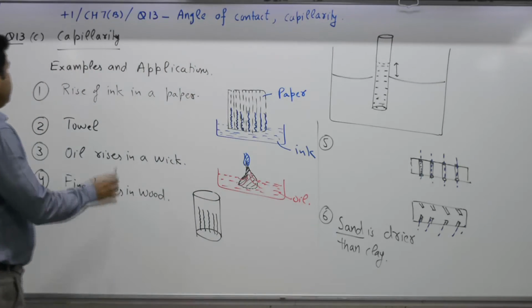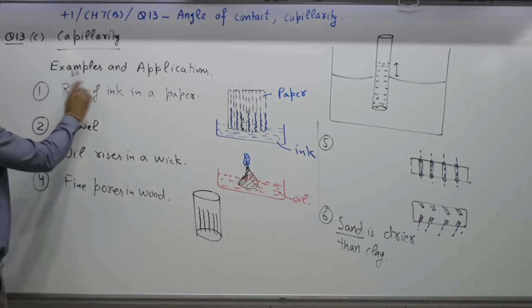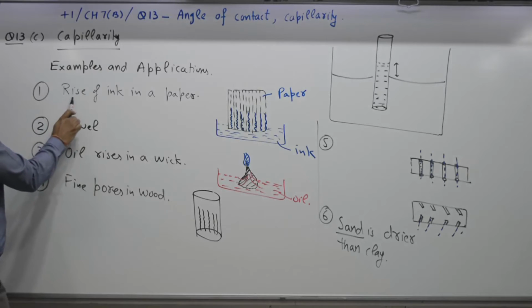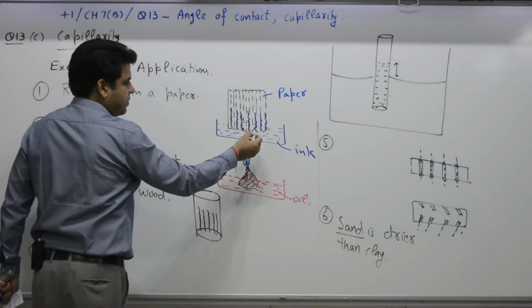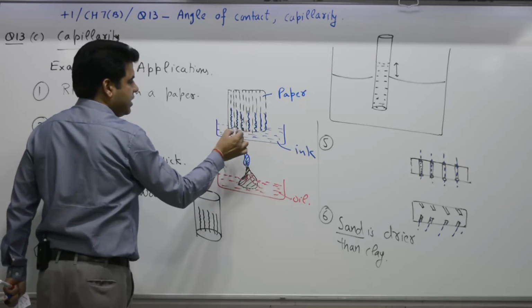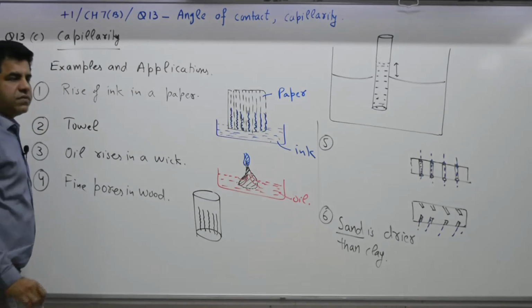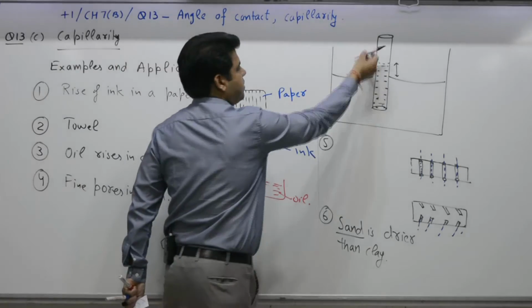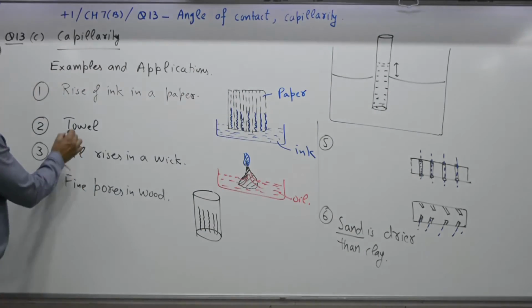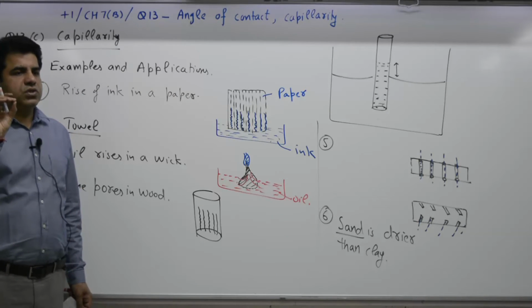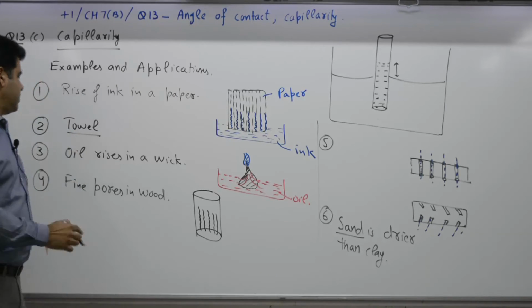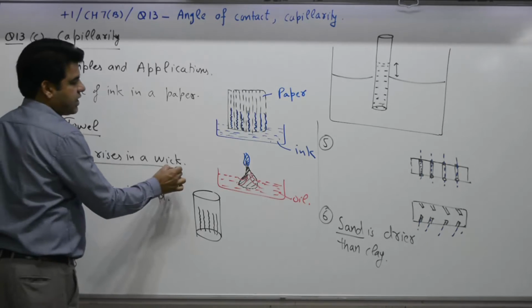Repeat. Capillarity examples. First one is what? Rise of ink in a paper. You place a piece of paper, suspend it in ink, ink will move upward because of capillary action. Towel: in a towel also you have fine pores so that they can soak water. Oil rises in a wick.